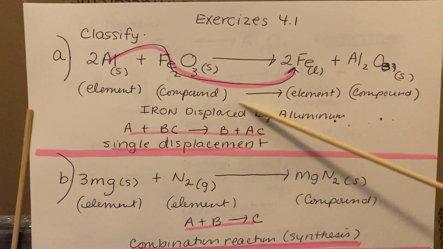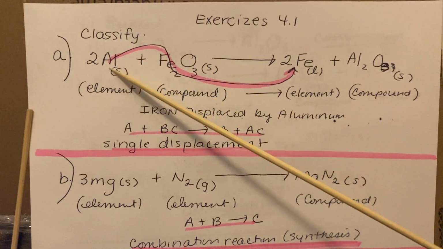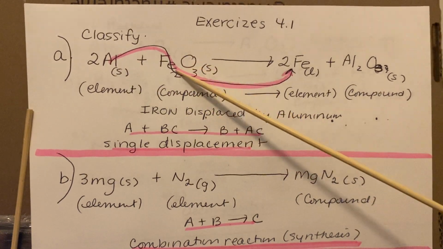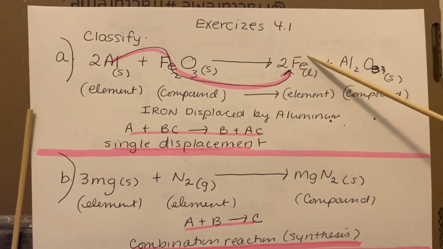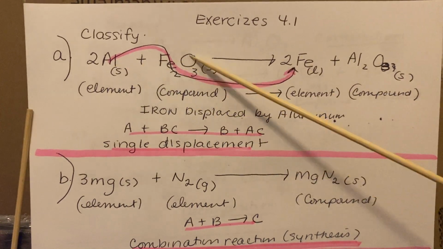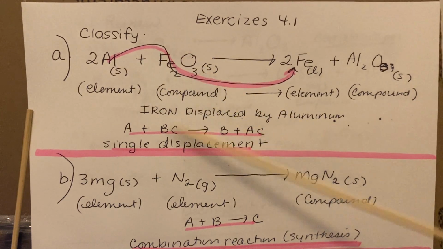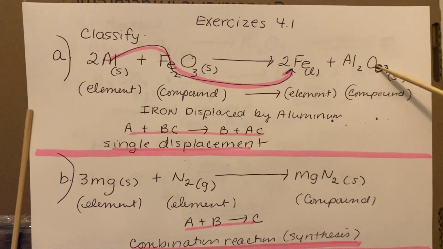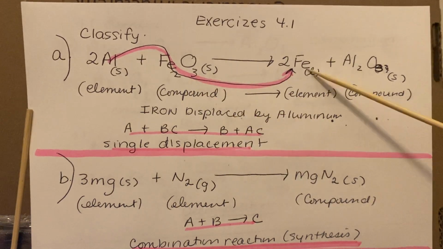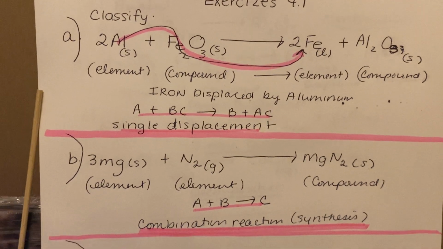So it's not a double displacement, but a displacement, because the aluminum is going to come over and displace the iron, and the iron is going to shoot out. The iron is on its own now, and the aluminum combines with the oxygen. It's just bumping a guy off, right? So the iron is displaced by aluminum, so it's a single displacement.